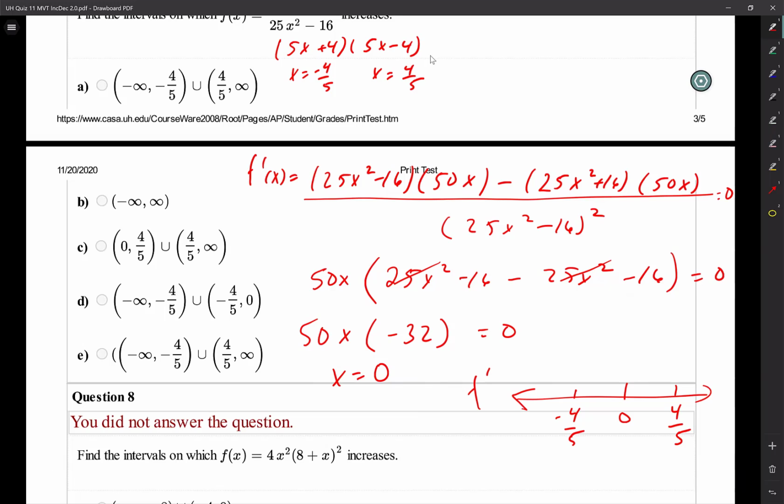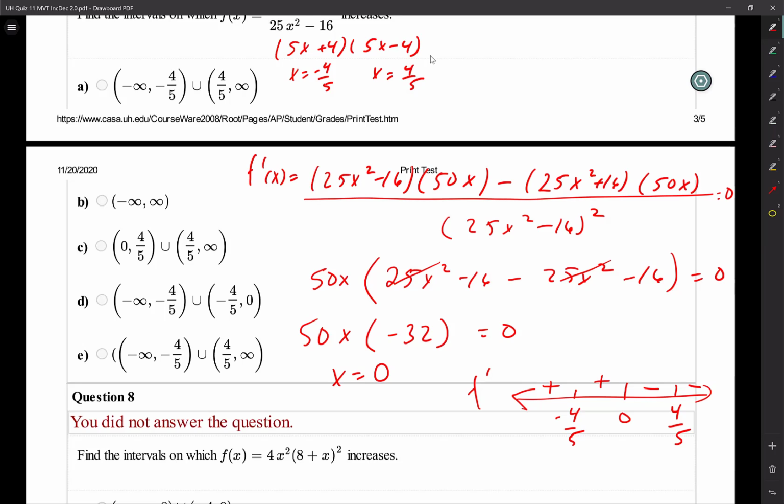You cannot cross a vertical asymptote, guys. I'm going to choose a number to the left of negative 4/5. This is f prime. If I choose -1, negative times a negative is a positive. If I choose -1/5, negative times a negative is again a positive. Okay? If I choose 1/5, positive times a negative is a negative. And if I choose 1, positive times a negative is a negative. And now this one, it does matter. Can you cross negative 4/5?